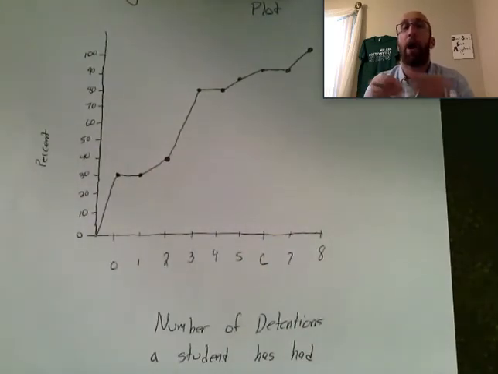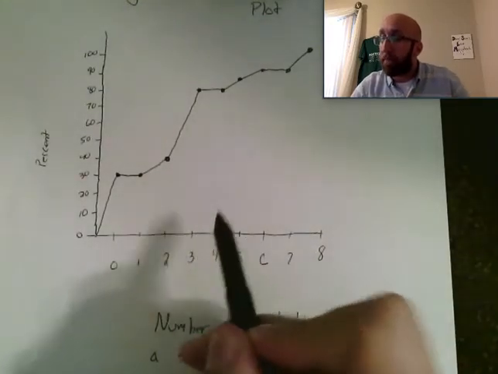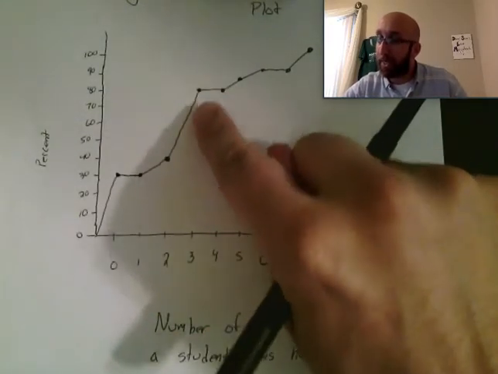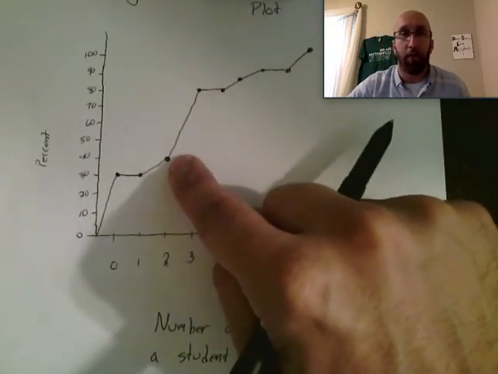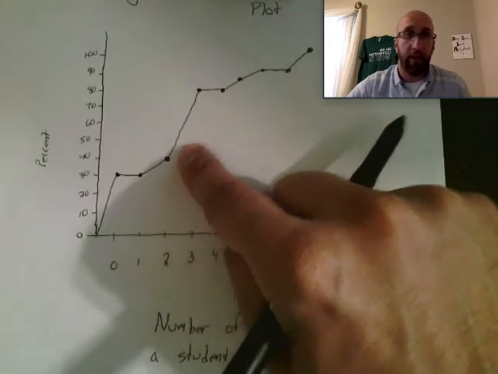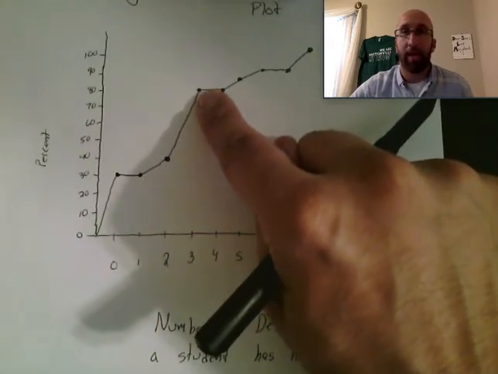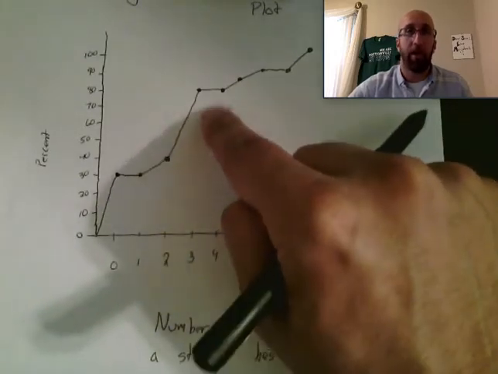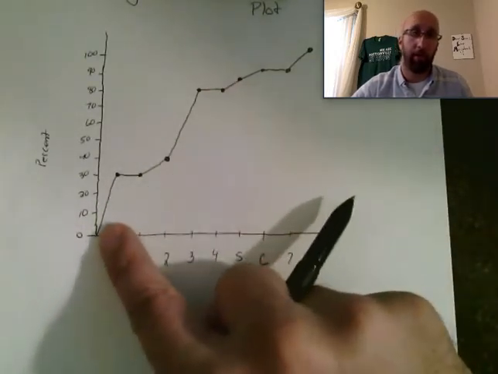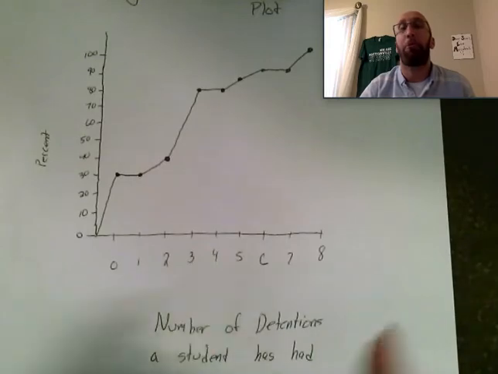If I want to know what percent of my data actually had 3, I just need to see the difference between the previous point and this one. So at 2, I was at 40%, and at 3, I now jump up to 80%. So I went from 40% of my data set having 2 on down, to 80% having 3 on down.